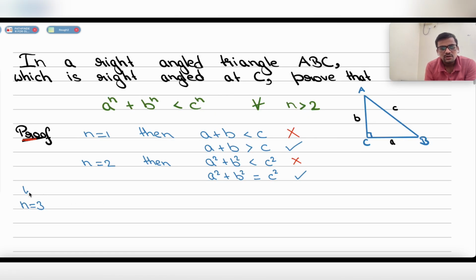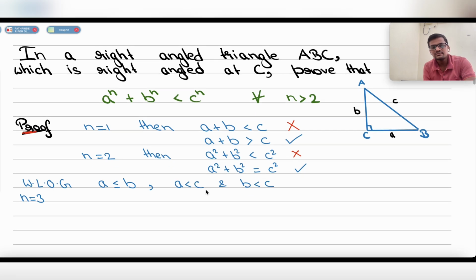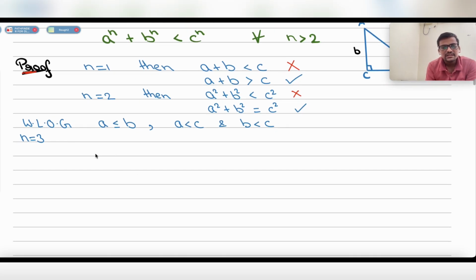Without loss of generality, I will assume that A is less than or equal to B. And by the right angle triangle property, we know that A is strictly less than C and B is strictly less than C. So for n equal to 3, what we have to show is that a cube plus b cube will be less than c cube.